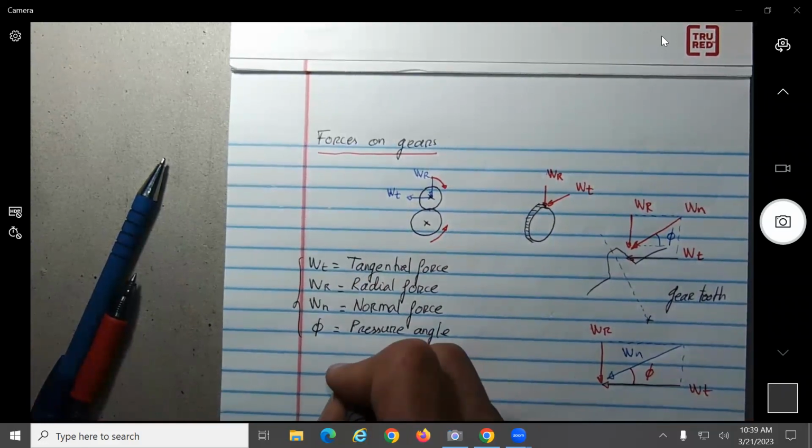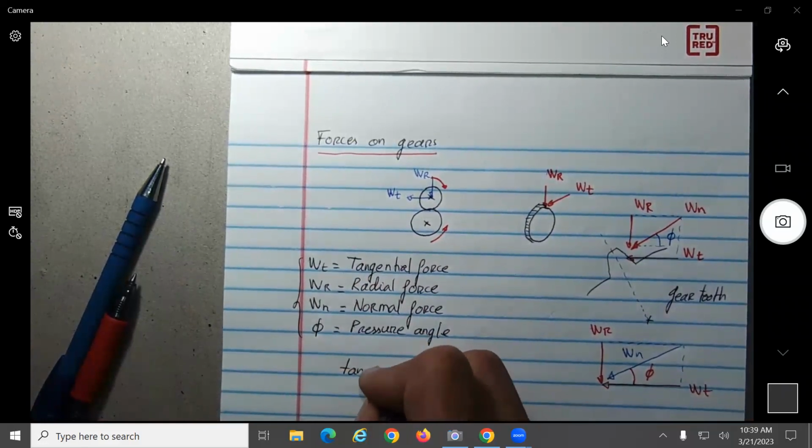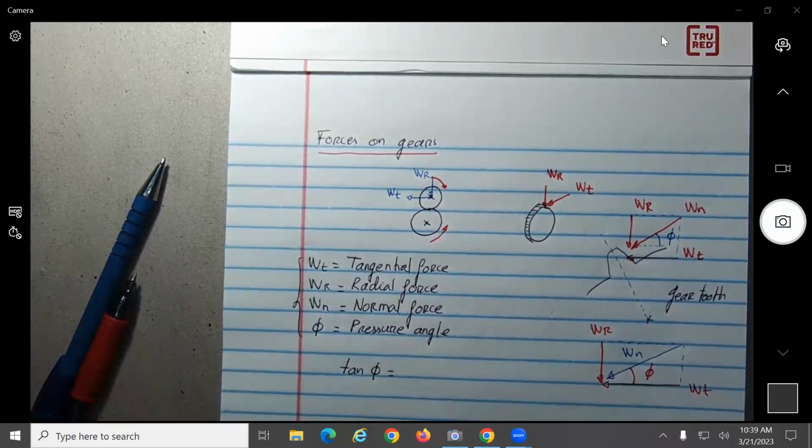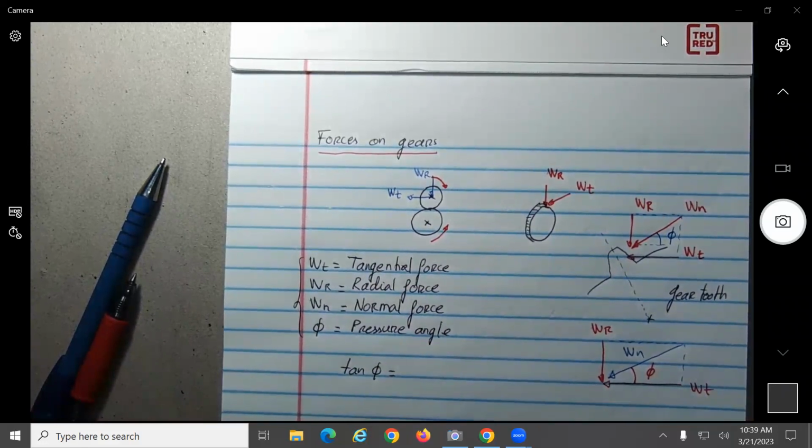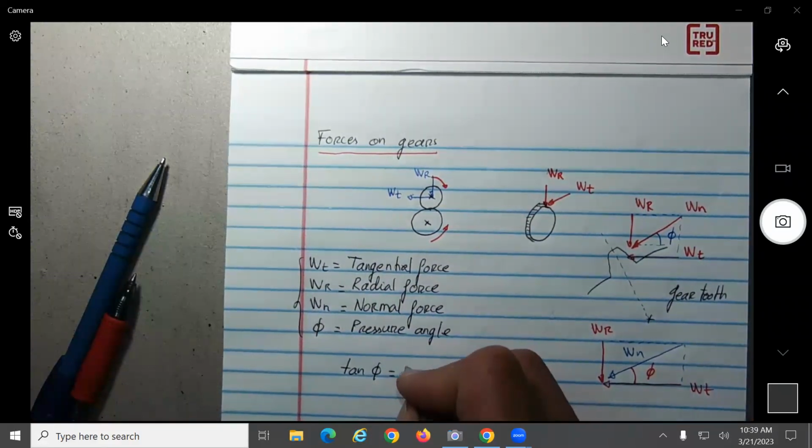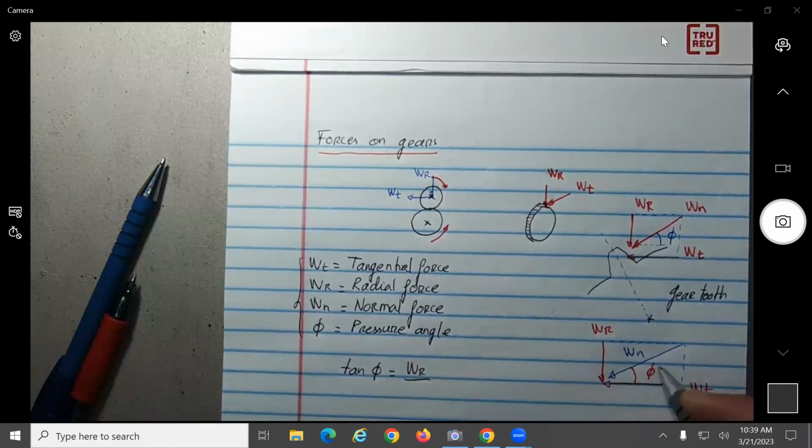From basic trigonometry, you find that the tangent of the pressure angle will be equal to WR, the opposite side, divided by WT.